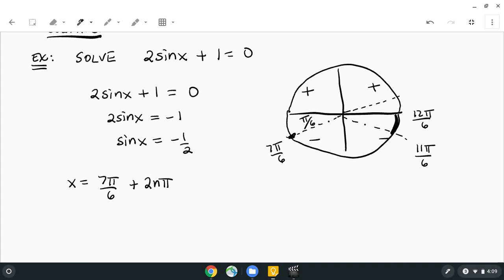And then we do the same thing for the other one. For 11 pi over 6, we say x is equal to 11 pi over 6 plus any number of 2 pi. Whether it's positive or negative 2 pi, any number of full circles will land you in the same place.